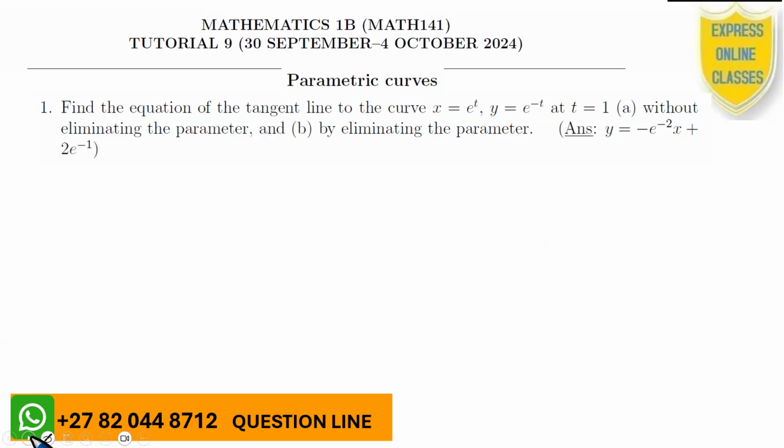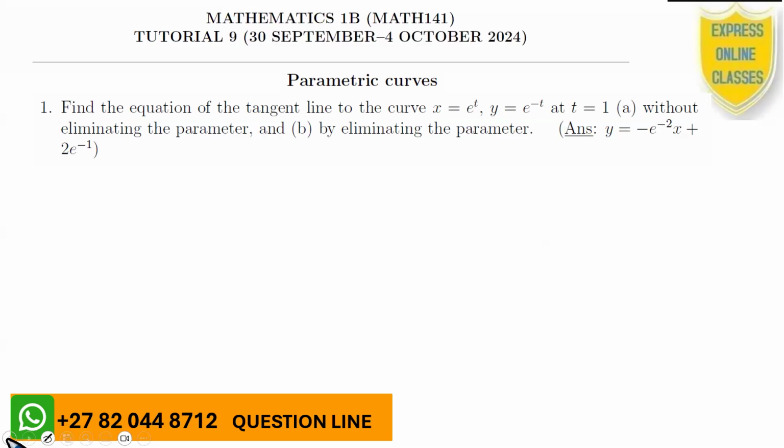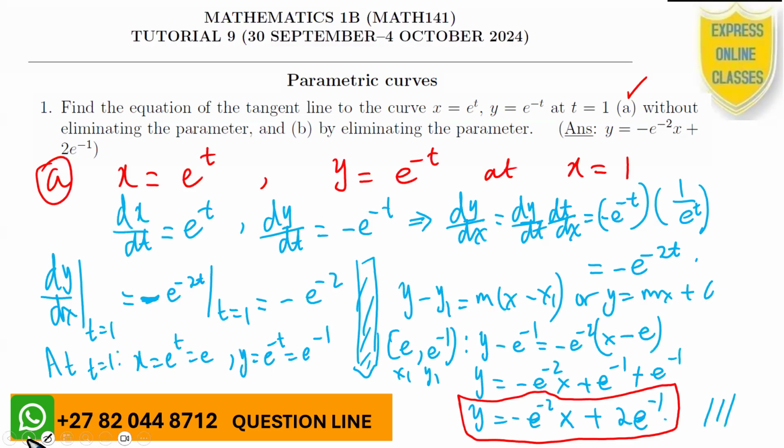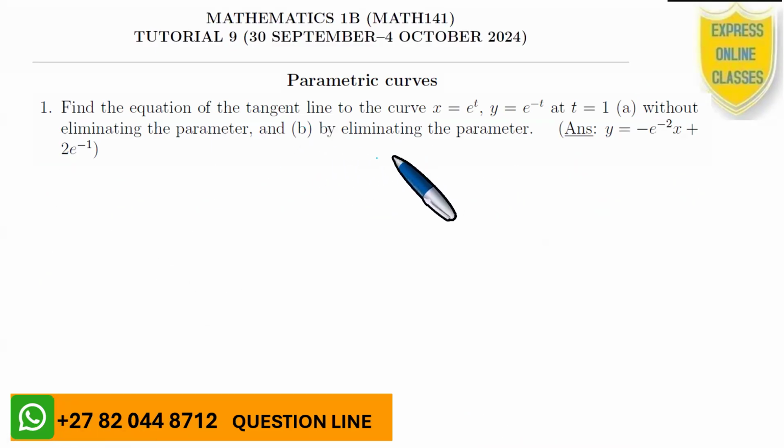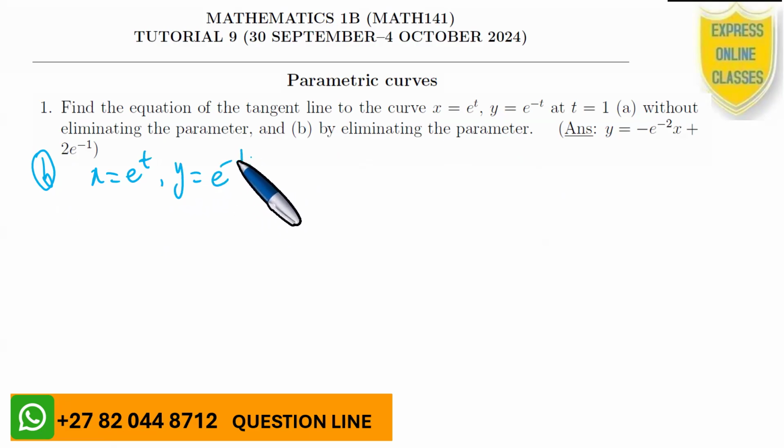Right, we still now look at part B by eliminating the parameter. So now if x is e to the t and y is e to the minus t, then we need to eliminate the parameter t.